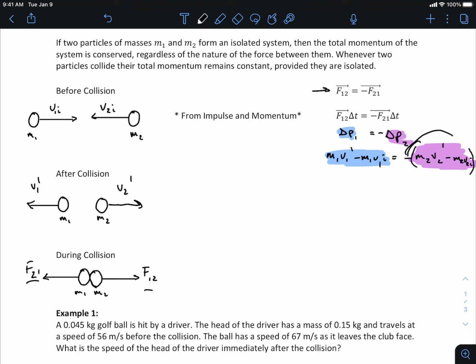So let's put the negative inside and rewrite this line: M1 V1 prime minus M1 V1 initial has to equal negative M2 V2 prime, plus, sorry, because we're going to multiply this on there, plus M2 V2 initial.